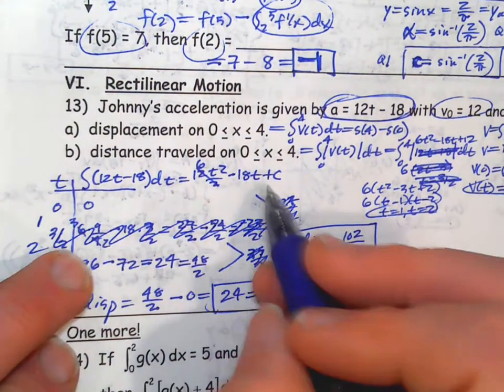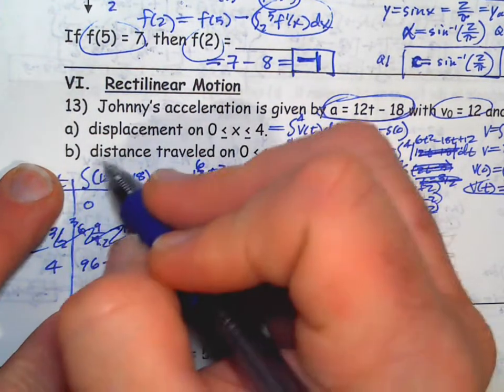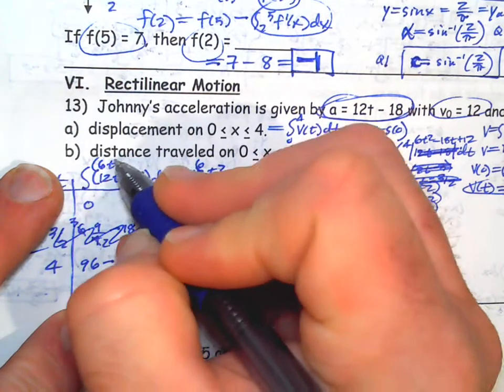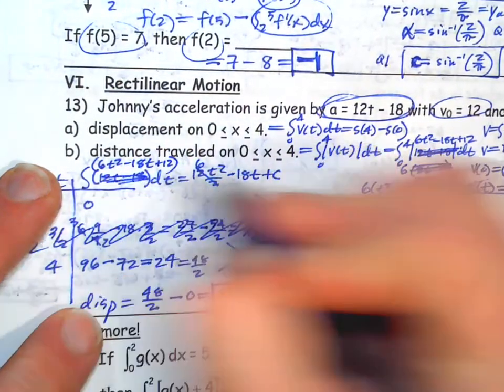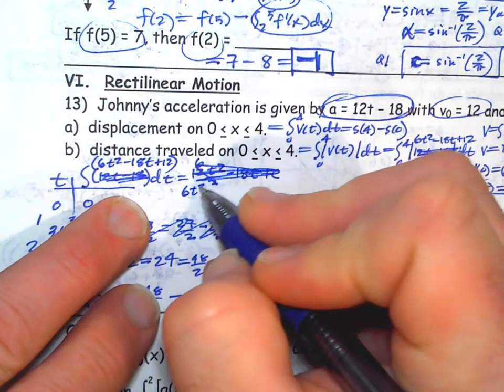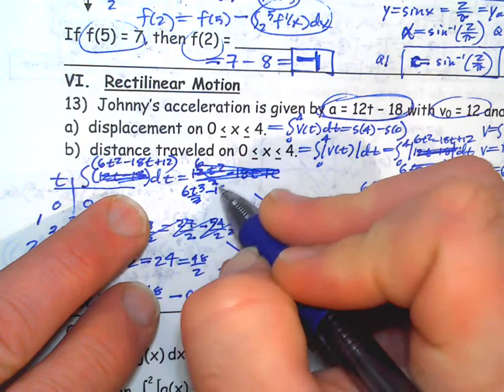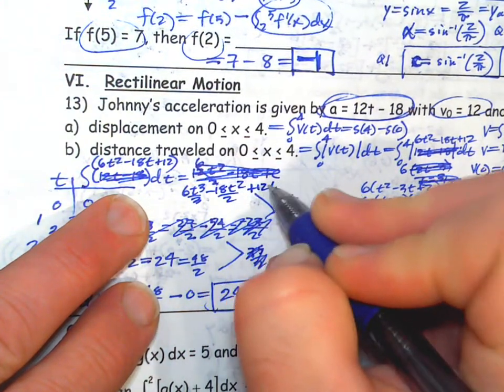If you plug 1 in, the work is a lot easier this time. We're supposed to be integrating 6t squared minus 18t plus 12. So that's going to give us 6t cubed over 3 minus 18t squared over 2 plus 12t plus c.